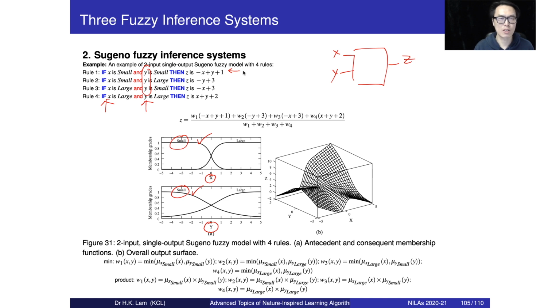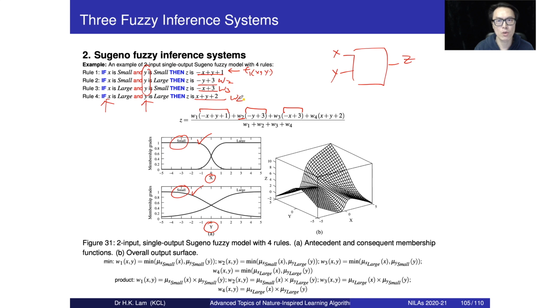This is, say, F1 in terms of X and Y. So you can just find out from here, Z, that is W1 times this F, and then W2 times this polynomial, and this is for W3, and this bit is W4.